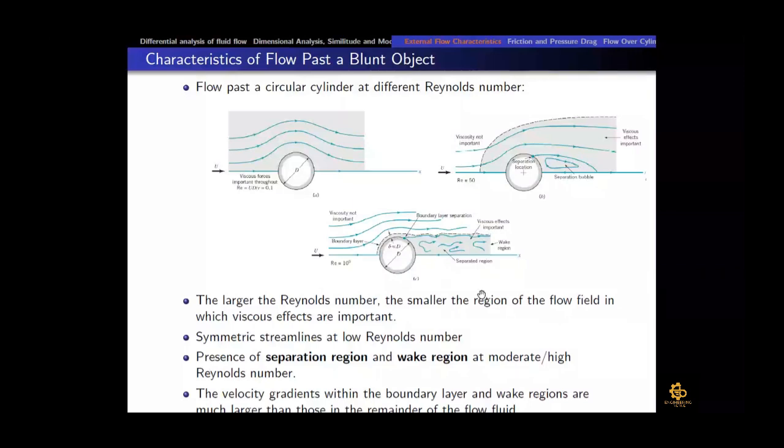So that's why velocity gradients are very high when Reynolds number is high, right? Due to that velocity gradient, there is more shear stress, because the shear stress is mu into du/dy. du/dy is the velocity gradient.